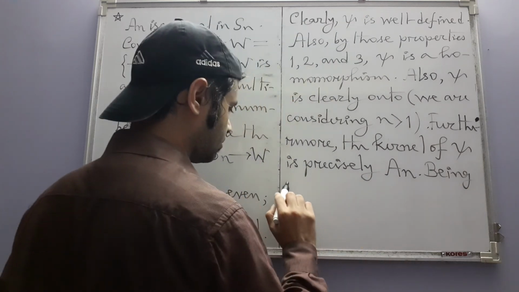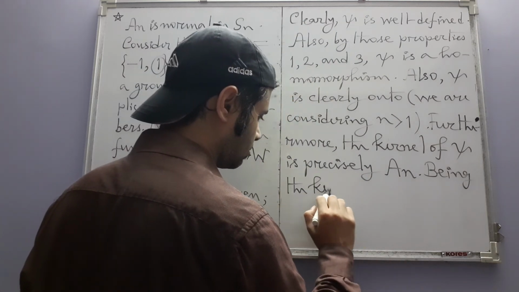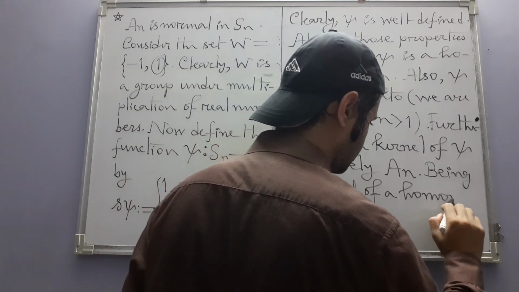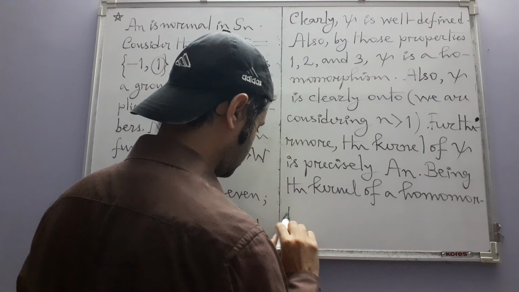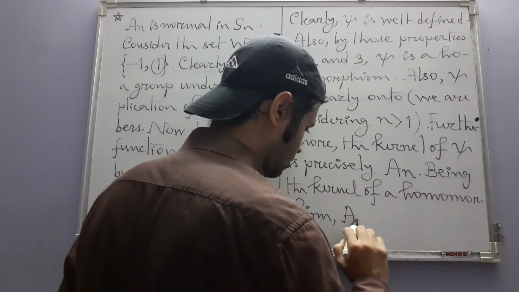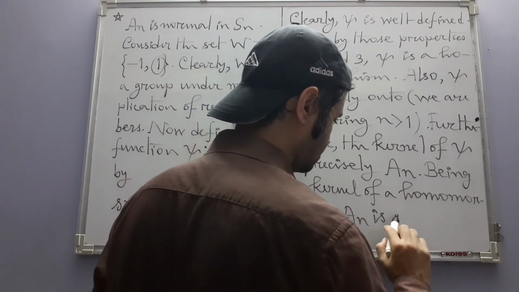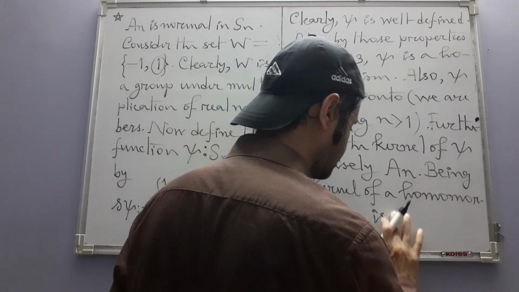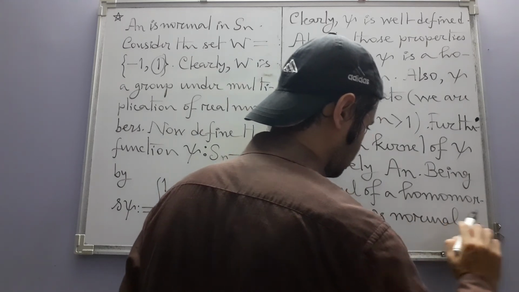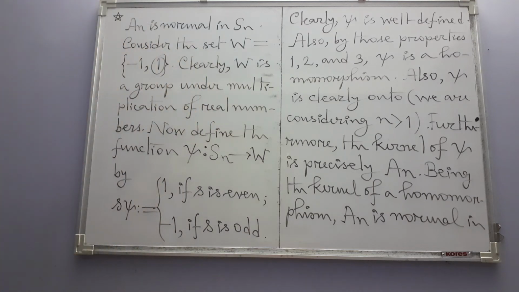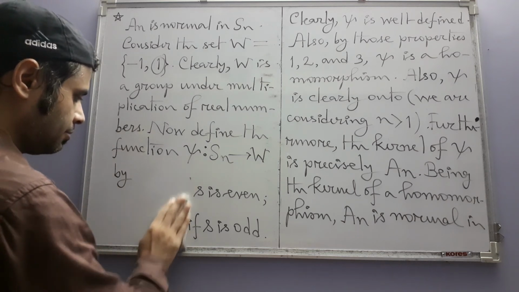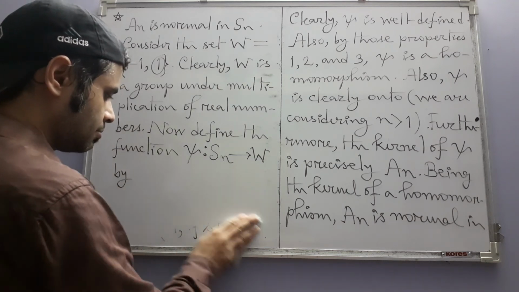Being the kernel of a homomorphism, An is normal in Sn. Okay, because every kernel is a normal subgroup.